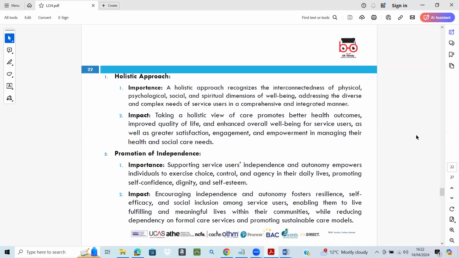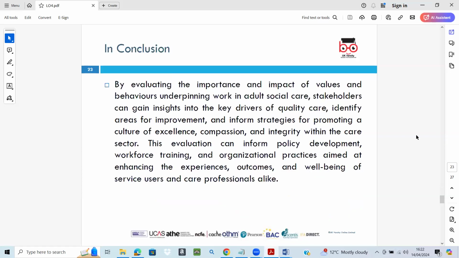So what we have next is the conclusion. Okay, yeah, so we discussed the values and behaviors underpinning work in adult social care, and from the point of view of stakeholders, the key drivers of quality care, identifying areas for improvement and informing strategies.